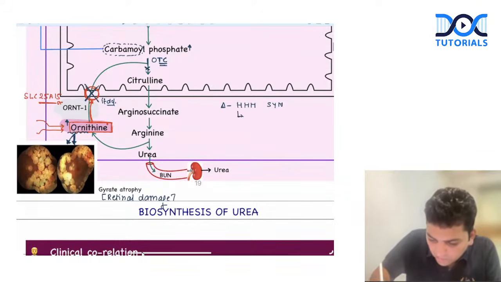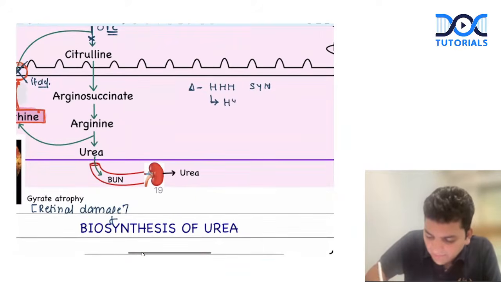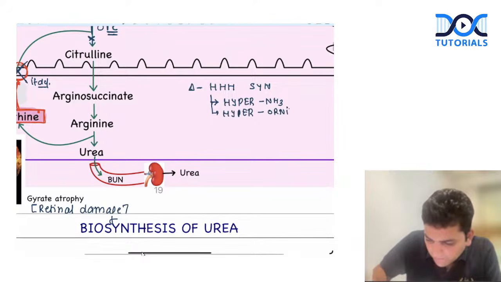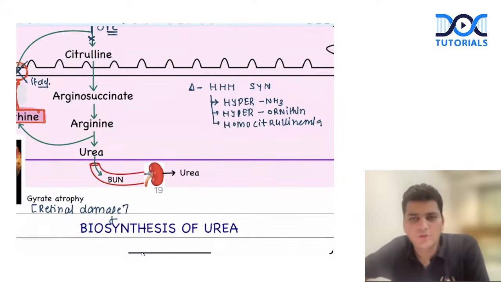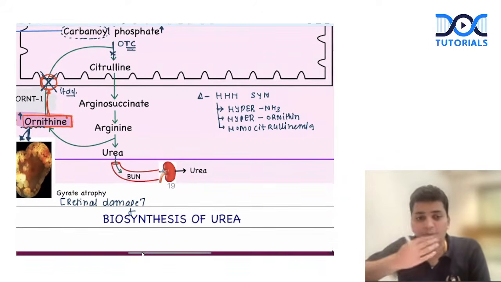Triple H syndrome stands for its acronym: hyperammonemia, hyperornithinemia, and homocitrullinemia. And don't worry about these urea cycle disorders. I will tell you the summary at the end, and you'll remember the entire urea cycle there itself.